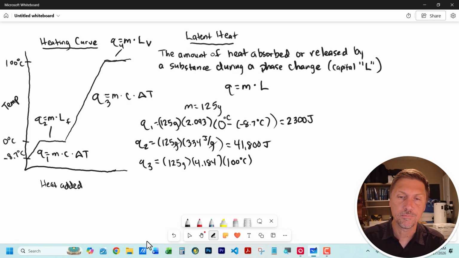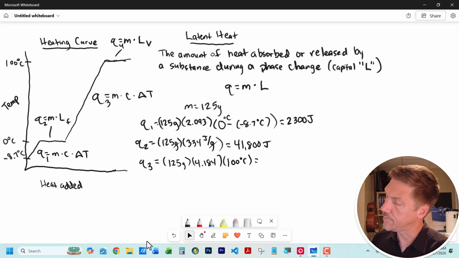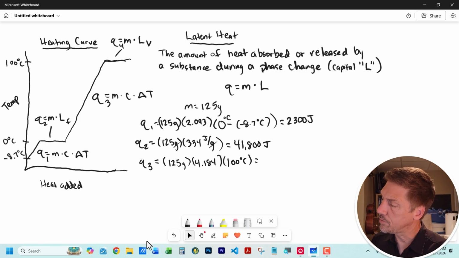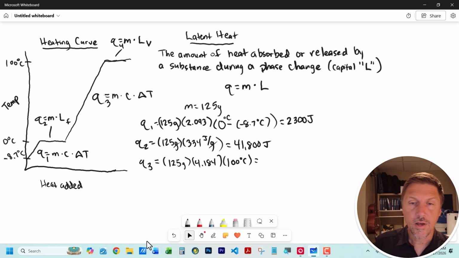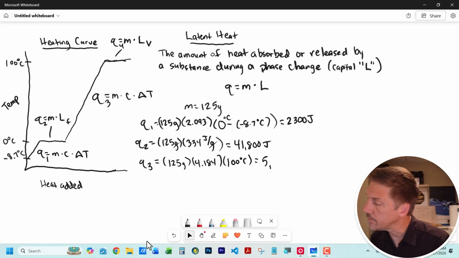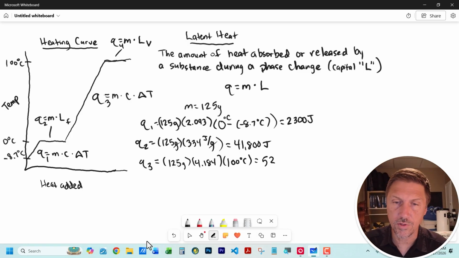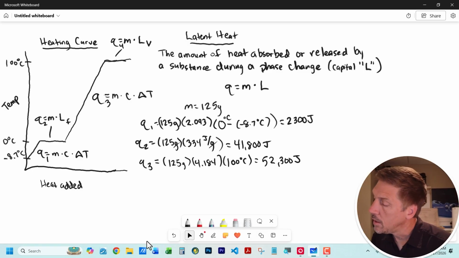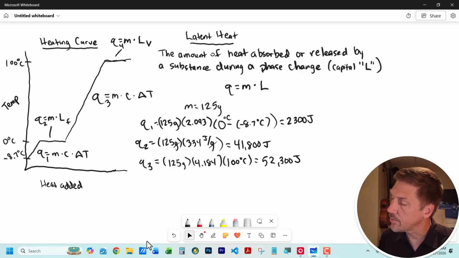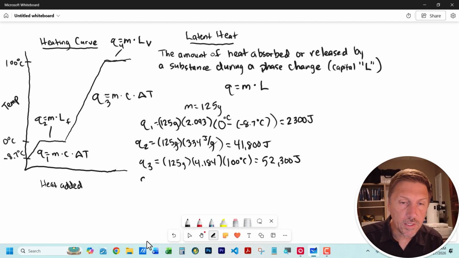That's our change in T. And we get a final value for Q3 of 5,230... wait a minute, that's not right. They listed it in the book as times 10 to the 4th, so it's actually 52,300 joules. Make sure we got all the math right for that. That looks correct.